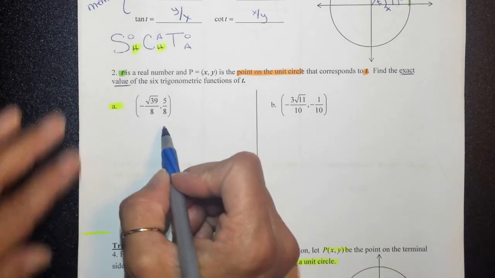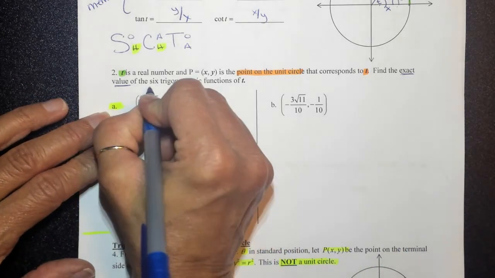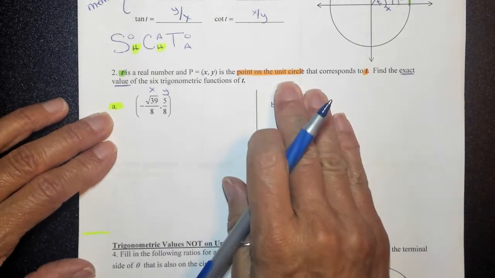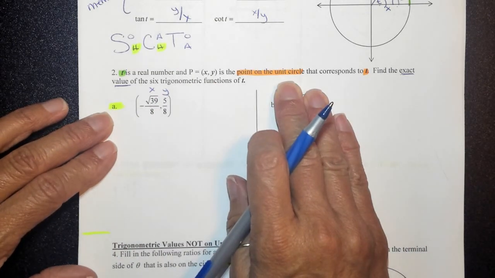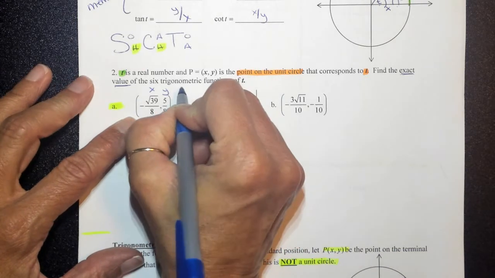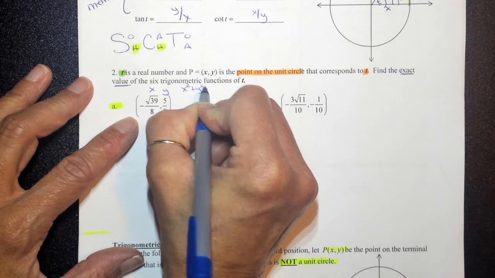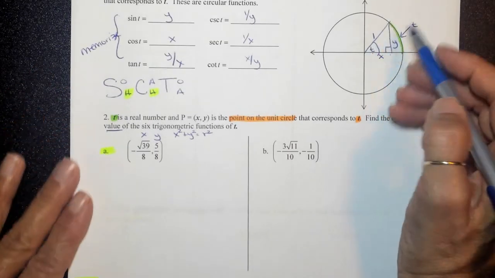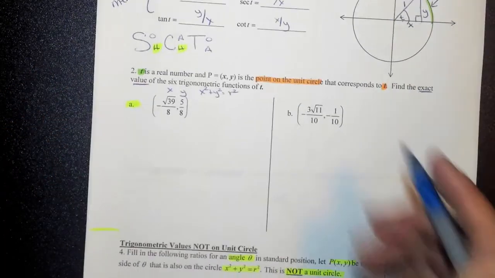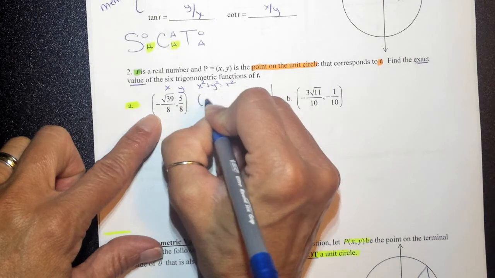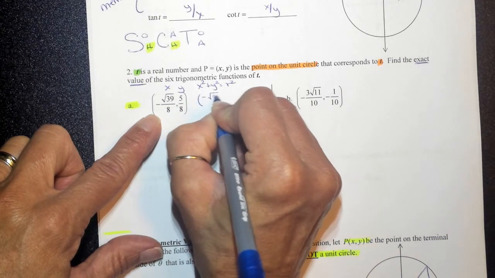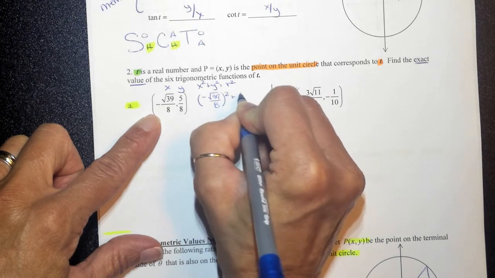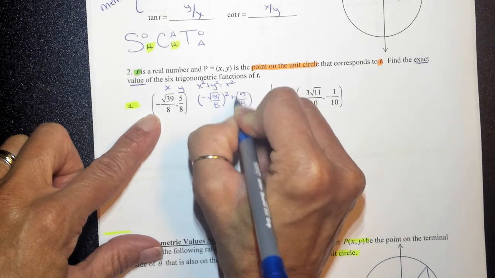Okay, so one thing I want to point out here is that if this is our x coordinate and this is our y coordinate, and we're told that our point is on the unit circle, if I use the Pythagorean theorem, x squared plus y squared is equal to r squared, which we know our radius up here should be 1. If I take a look, I've got the quantity of negative square root of 39 over 8 squared plus 5 over 8 squared.